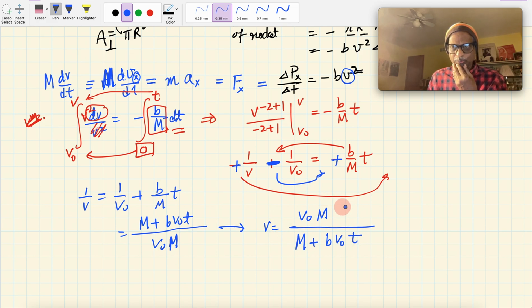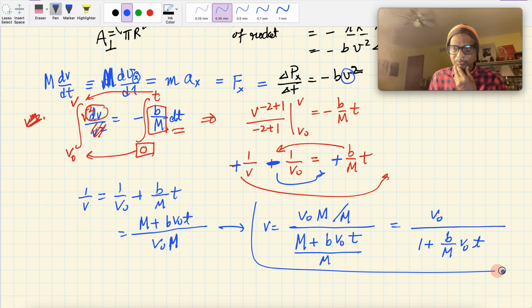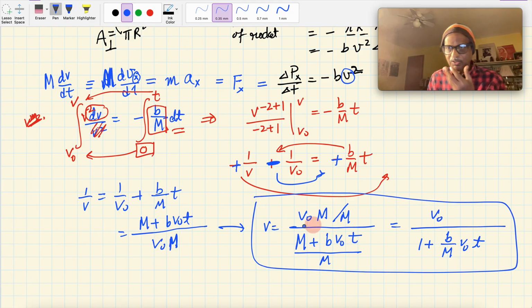You can divide the numerator and denominator by M, and then it just becomes v equals v0 over 1 plus b over M v0 t. Any of these forms are answers, okay? This is a pretty interesting problem. You can plug in some reasonable numbers to see if it makes sense to you.